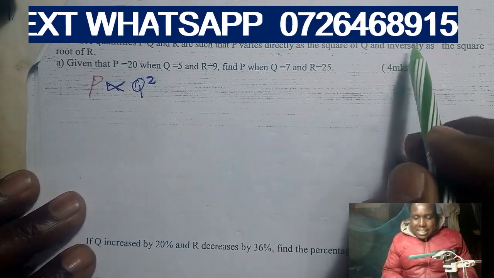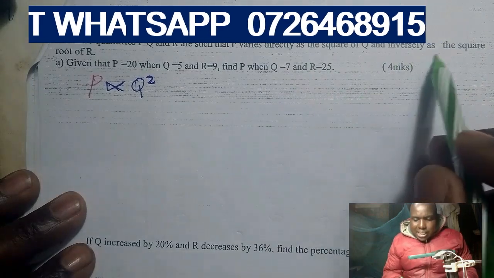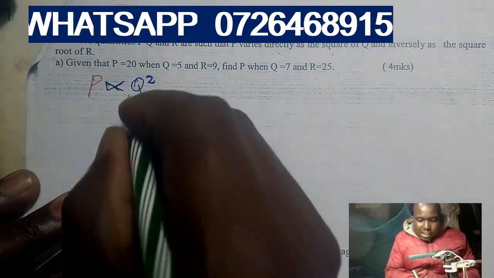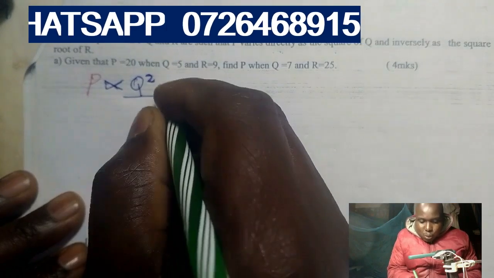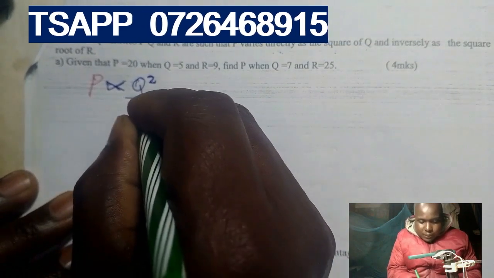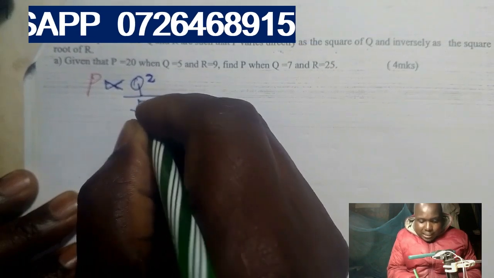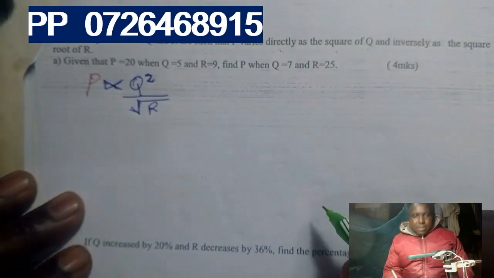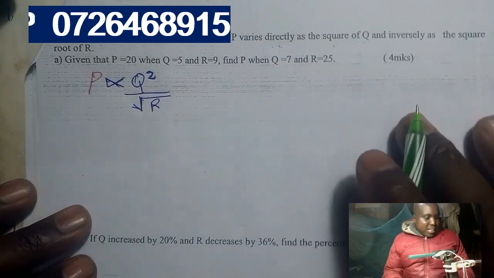And inversely is 1 over that, inversely as the square root of R, so 1 over the square root of R. So that is what we need.